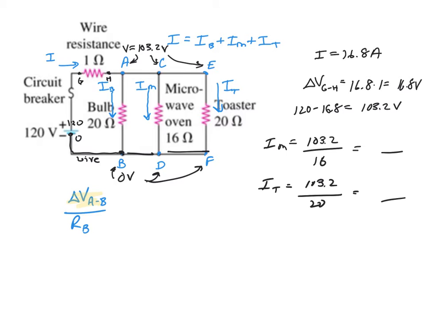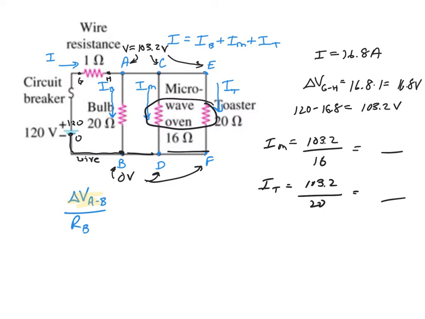There's another way to do this, and that's what I alluded to at the end of our Zoom meeting today, and that's the proportional method. But first, before I can do the proportional method, I have to reduce the two options for the current to go through. I have to reduce it to just two paths. So I have to combine the toaster and the microwave into a single equivalent resistor across the two of those.